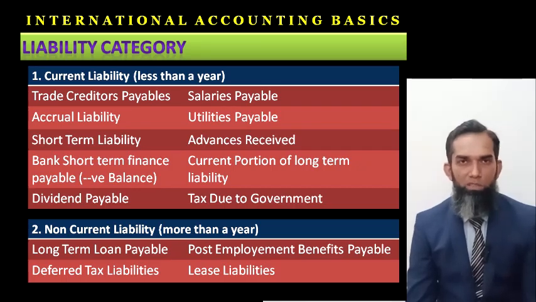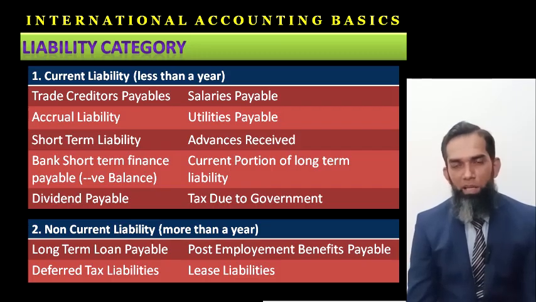If the company has to pay that obligation within a period of 1 year, those liabilities can be in any form. Like salaries, the company has to pay within a month after the closing of the month, and utilities like electricity, gas, and communication expenses, the company has to pay within the close of the month. So that is covered in current liability.